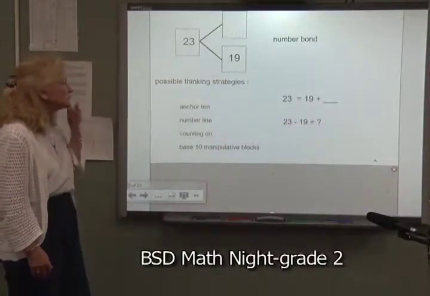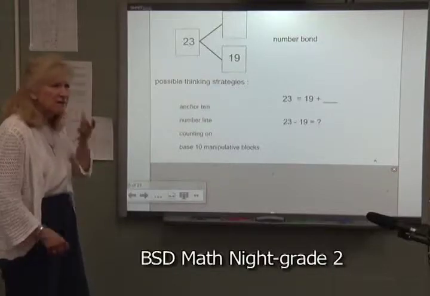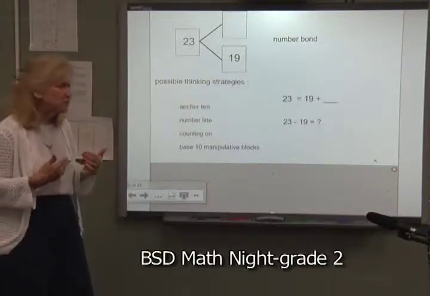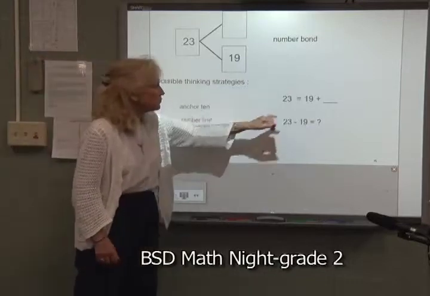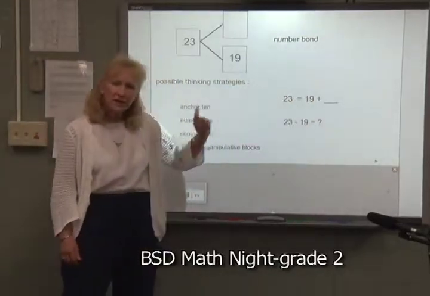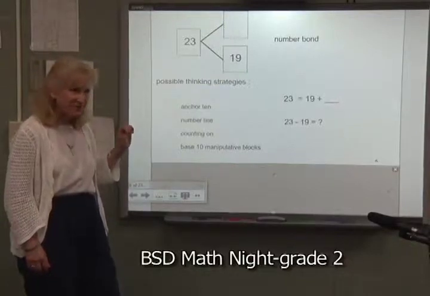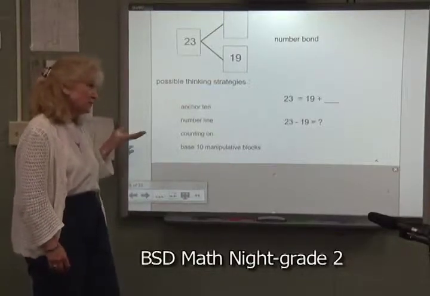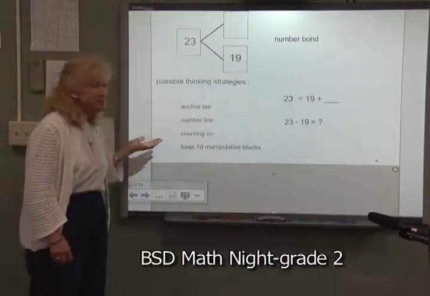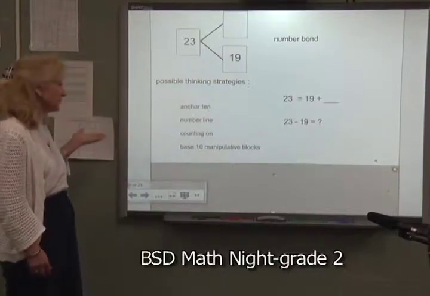Anchor 10, those are your 10s, your 20s, your 30s. Anchor 10 would be, one more takes me to 20, and then 3 more takes me to 23. So 19 plus 4 more is 23.